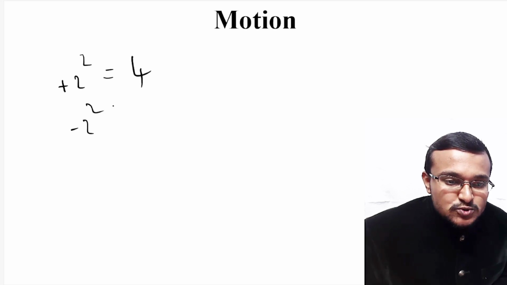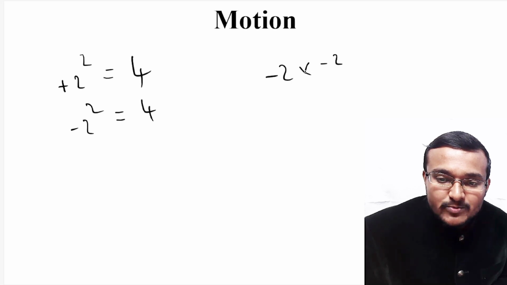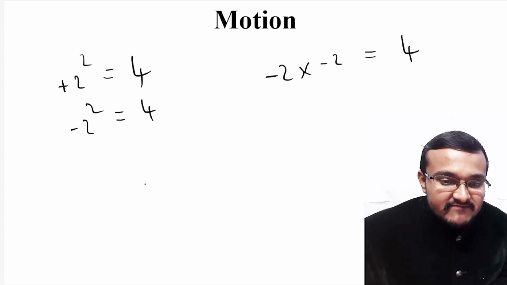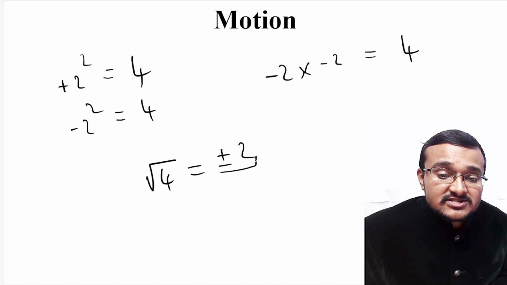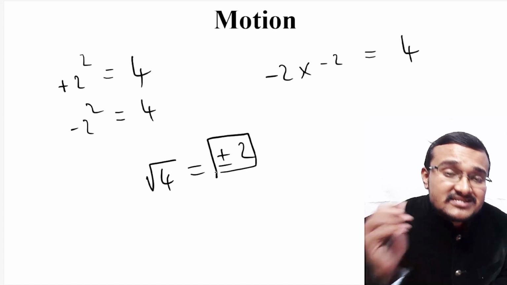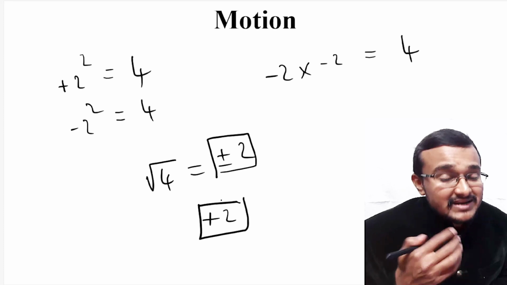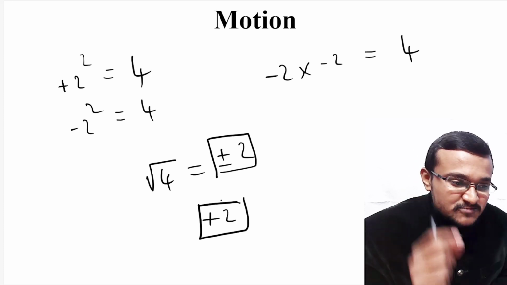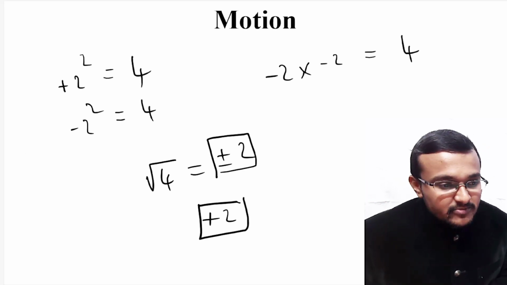When you do minus 2 square, minus 2 into minus 2, it becomes plus 4, because minus into minus is plus. So the square root of 4 is either plus or minus 2. But in this case you should just consider plus 2, because time cannot be negative. Only a positive value can be there for time.